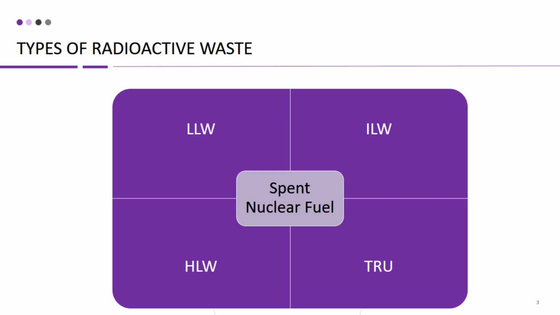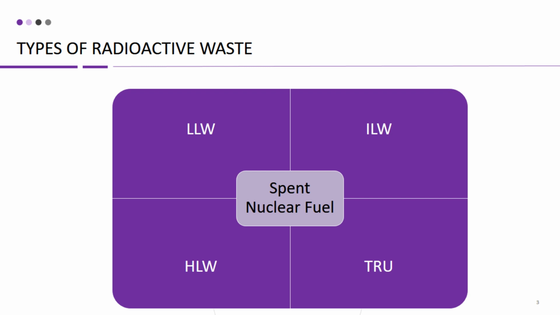In addition to the above types, there may be other forms of radioactive waste generated from various nuclear-related activities, such as contaminated soil, water, and air, as well as radioactive sealed sources, and radioactive waste from research and medical facilities. Understanding the different types of radioactive waste is crucial in developing appropriate management and disposal strategies.